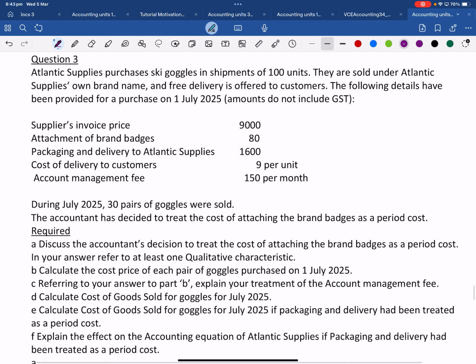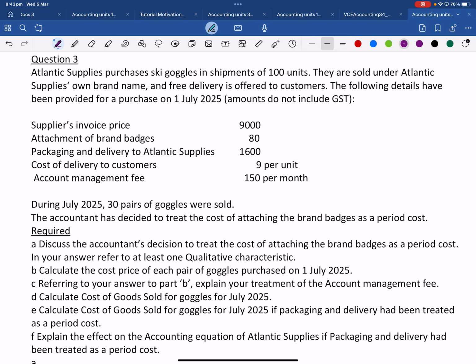So, ski goggles in a shipment of 100 units. They are sold under Atlantic Supplies' own brand name. The following details have been provided for the purchase. Supplies invoice price is 9,000. Attachment of brand badges 80. Packaging and delivery 1,600. Cost of delivery to customers 9 per unit. Do we include that cost?